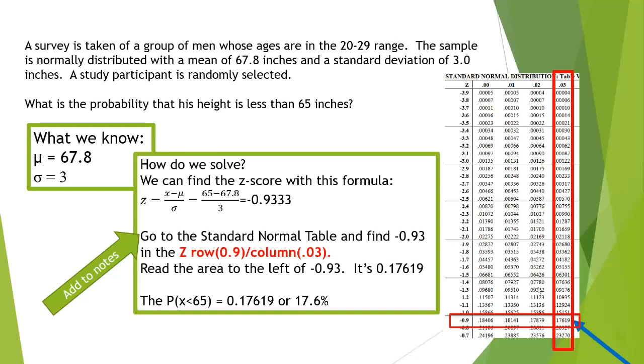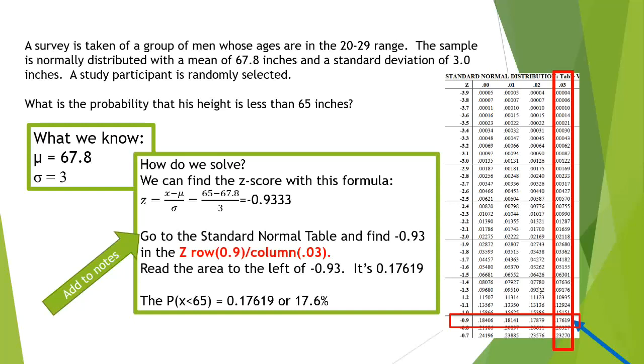Just decide which of the z-scores, negative 0.93, is closer to the value you're looking for. In other words, the next one would be negative 0.94. And you can see by looking at the 0.9333 that we're closer to 0.93. So we're going to use that value, which is 0.17619.